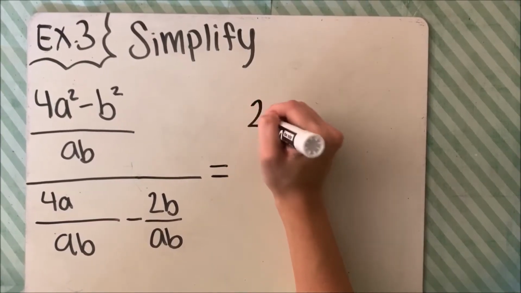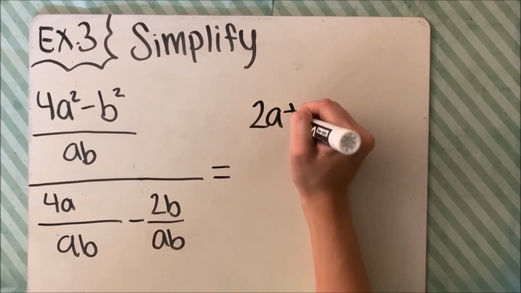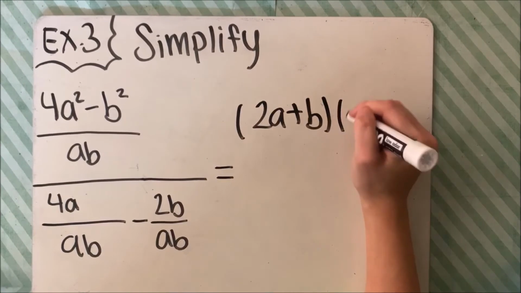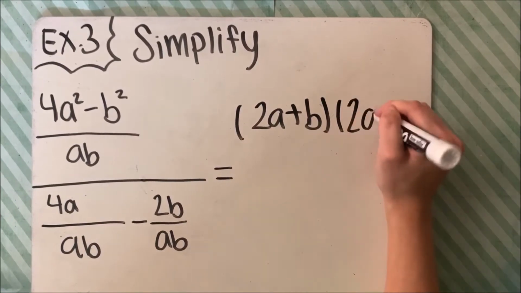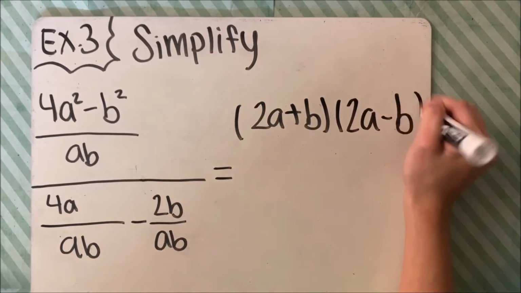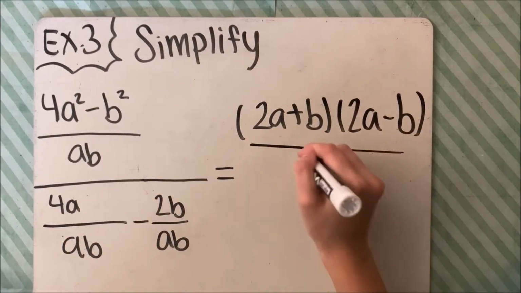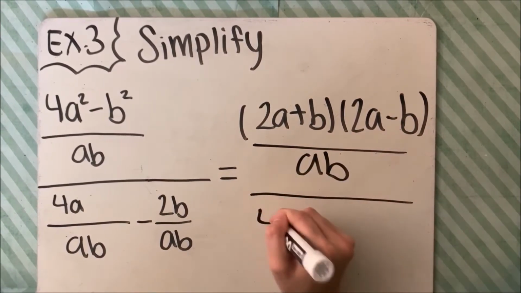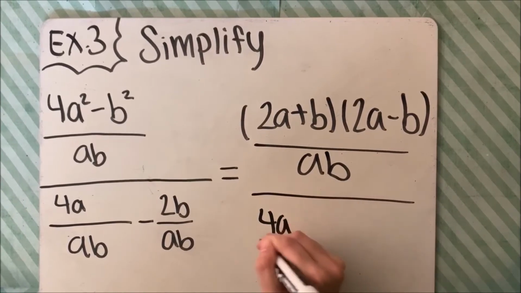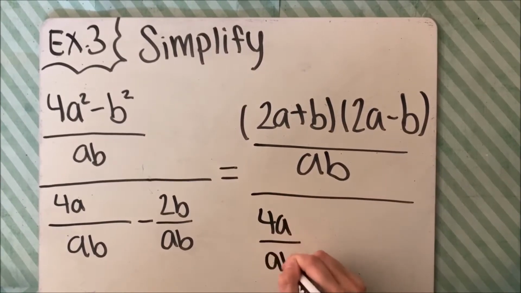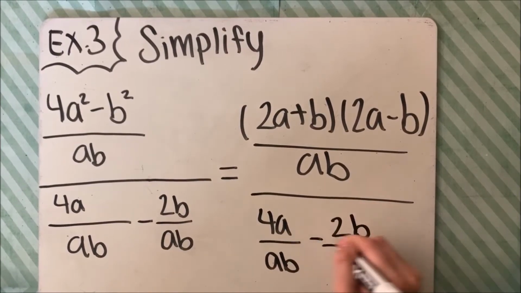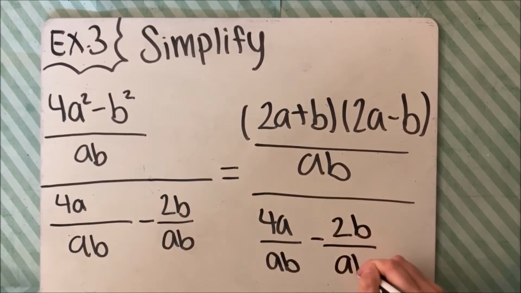Now you can factor the 4a squared minus b squared, which is 2a plus b times 2a minus b over ab over 4a over ab minus 2b over ab.